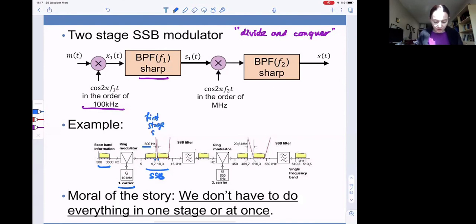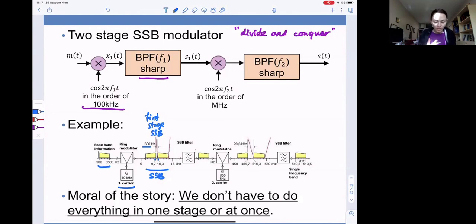SSB. Is this upper sideband or lower sideband? Upper sideband. Upper sideband, by the way it looks, right? Good. You're learning. Nice. Okay. So basically now we are going to treat this upper sideband signal as a message signal, as if this is the message signal that we're modulating, and we will modulate again.